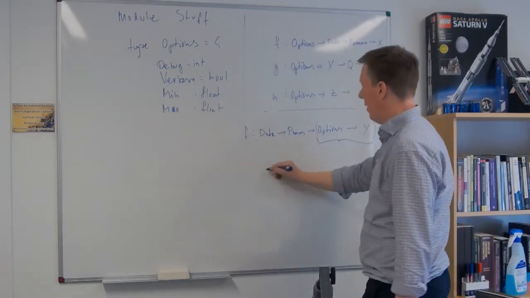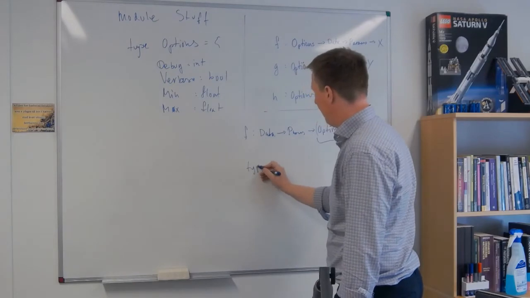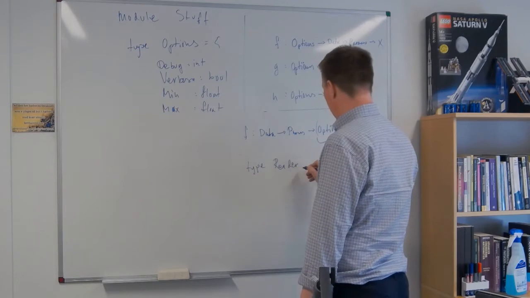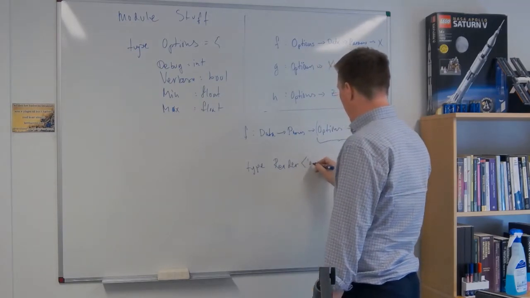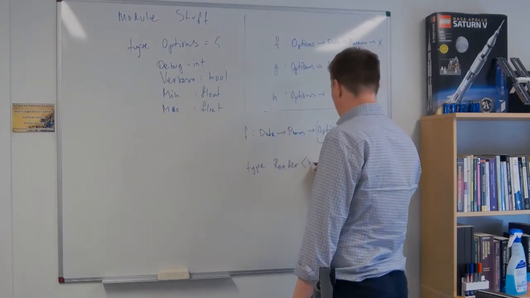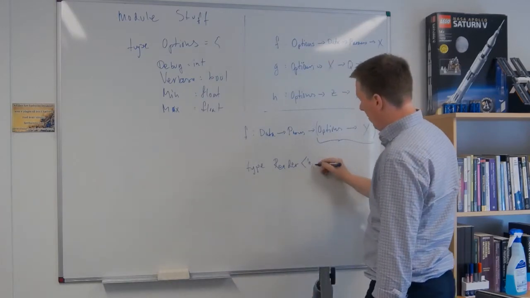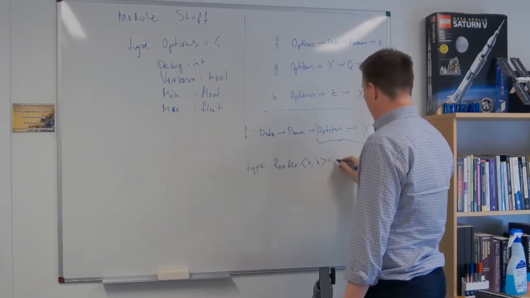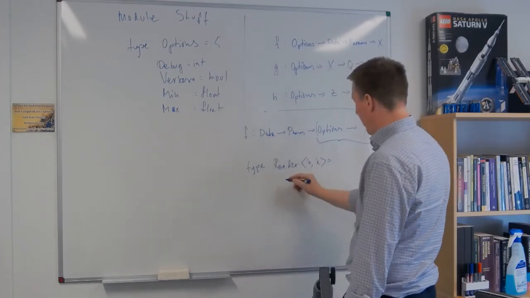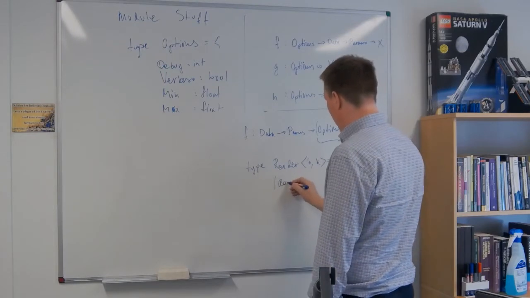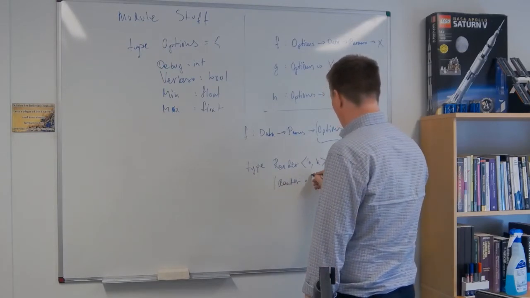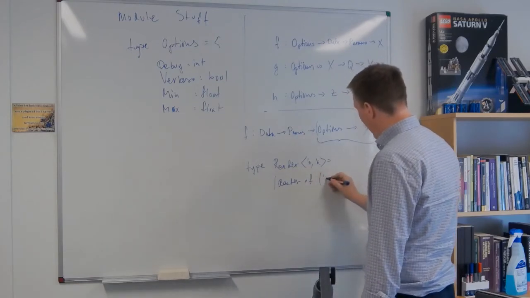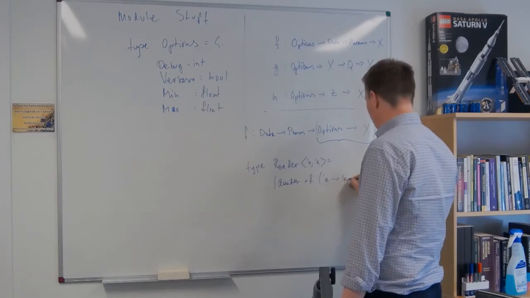So I will create a new type, and I will call it Reader. It's going to be parameterized over two different types. One I just call E, and the other one I will call A, and it will soon be clear why. Then I can say Reader is a union type with one case, Reader of function E to A.